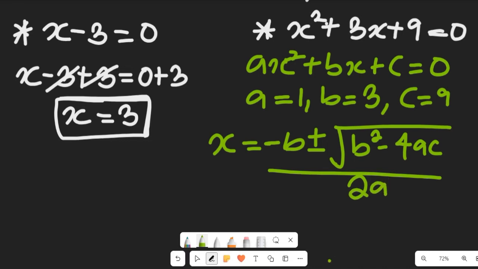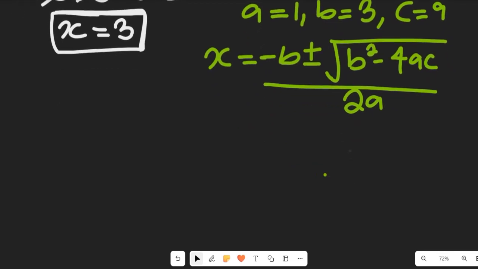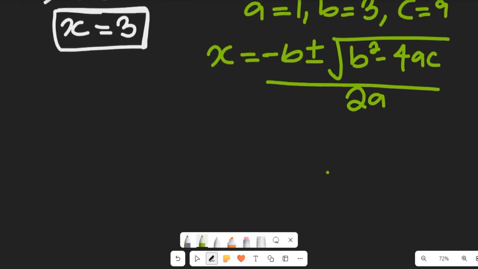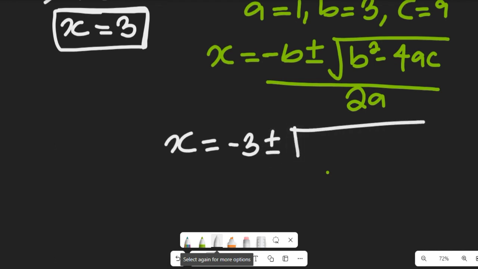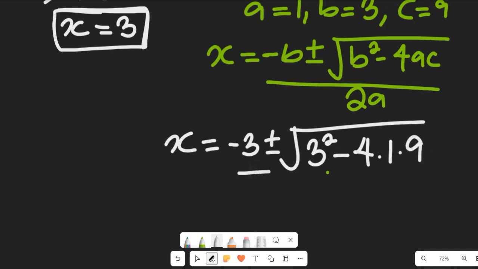So that expression will finally give us, substituting the value of a, b, and c, x will be equal to negative 3 plus or minus the square root of 3 squared minus 4 multiplied by a is 1 multiplied by 9, and all this will be divided by 2 multiplied by 1.